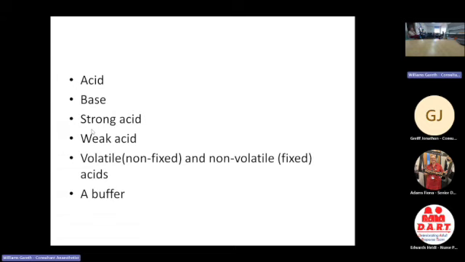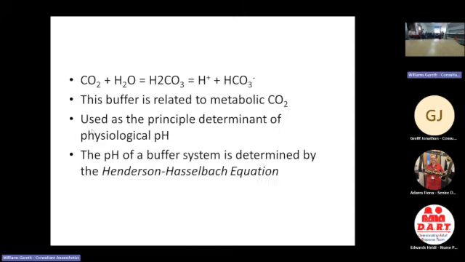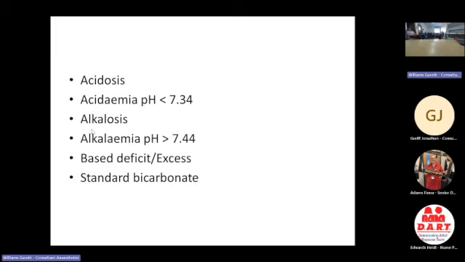But a buffer is a system of the weak acid with its component base in solution that can resist changes in pH. And that's the carbonic acid system that we look at. But they're the kind of things you can get asked in vivas that can throw you if you've not really thought about it.